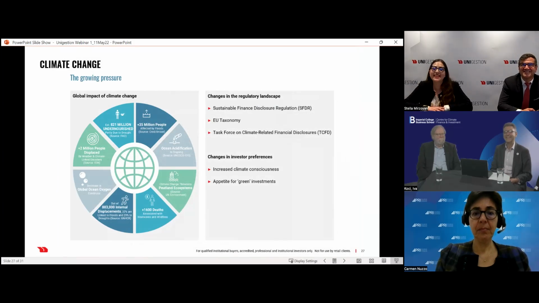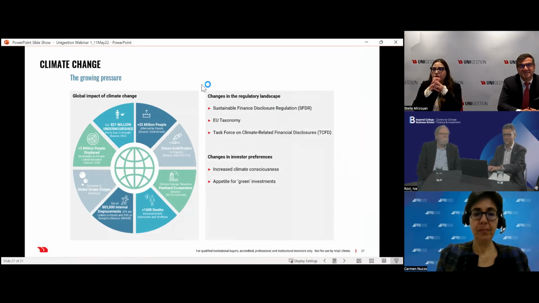We are seeing recently that climate risk is moving from the niche of sustainable finance into the mainstream. And I would say that there are three forces behind this. First, the increasing global impact of climate change, which is becoming increasingly difficult to overlook even in our day-to-day lives.